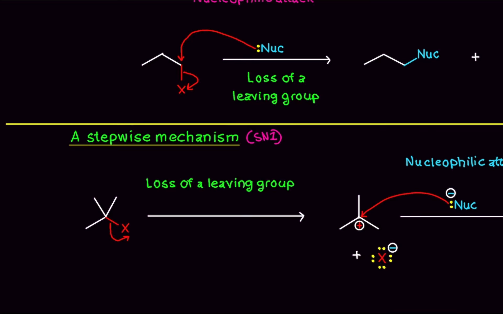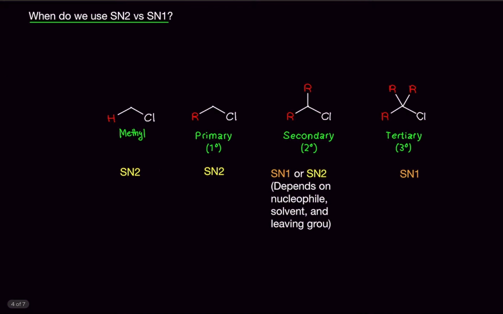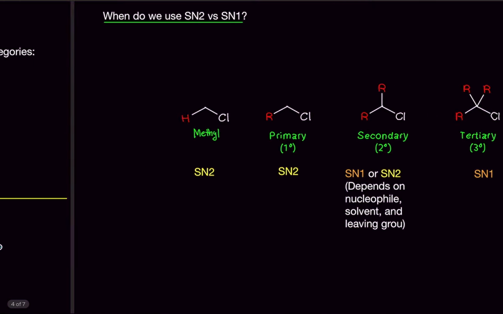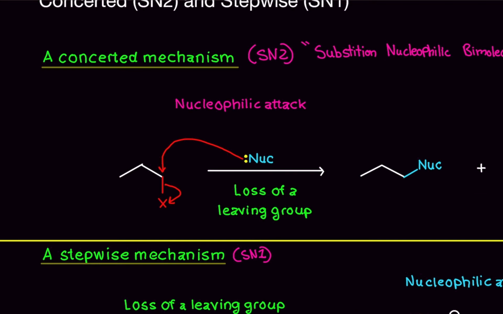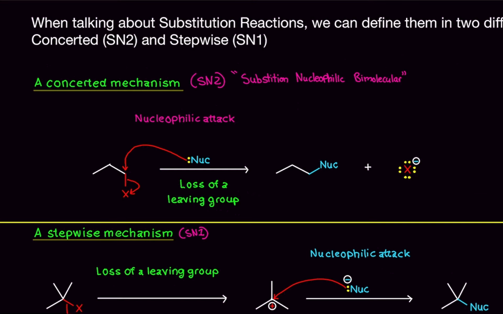It has to wait until something leaves first, and then the nucleophile can come in, okay? And this will make a lot more sense when I talk about this shortcut right here. But that's basically the gist of it. A concerted mechanism, or Sn2, happens when it's not too busy. There's space for the nucleophile to come in and the leaving group to leave all at the same time. There's space for it to happen, so it happens.